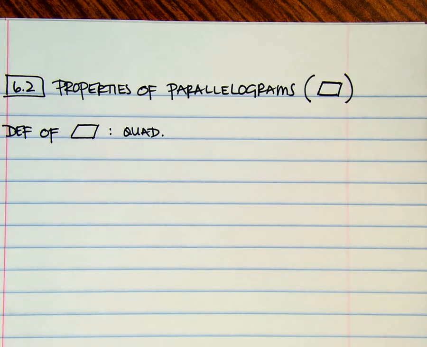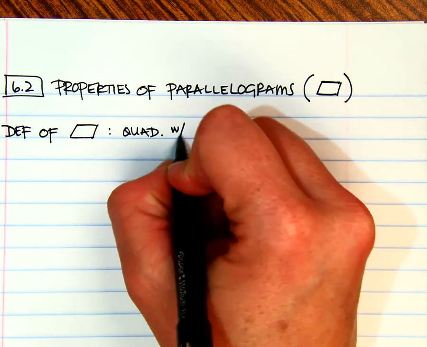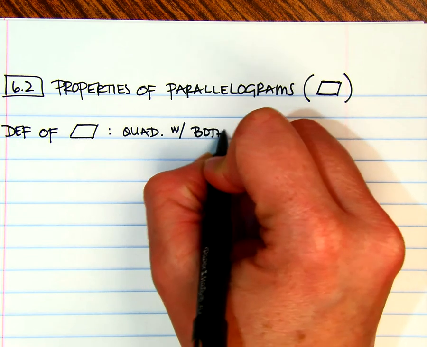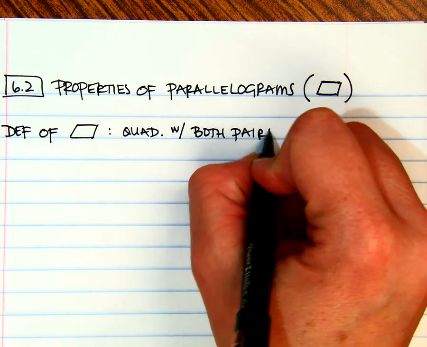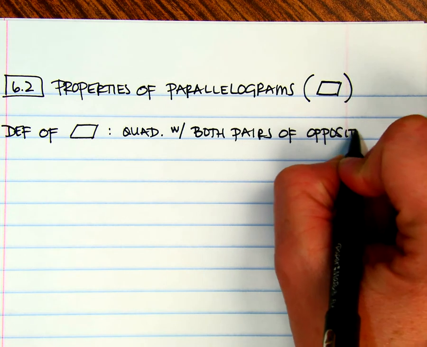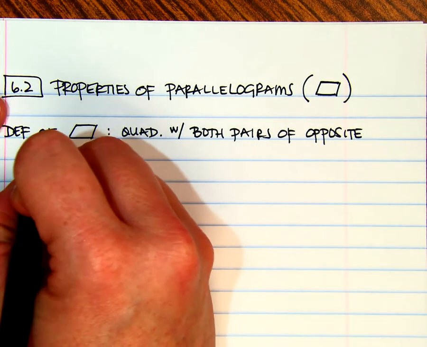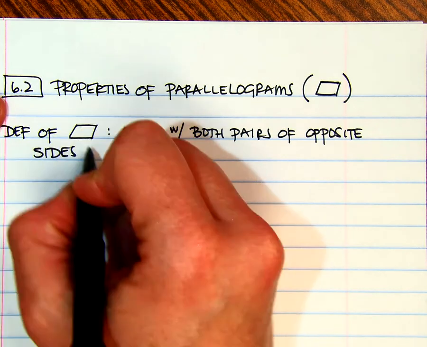I usually just abbreviate quadrilateral, quad. It's a quadrilateral with both pairs of opposite sides parallel.